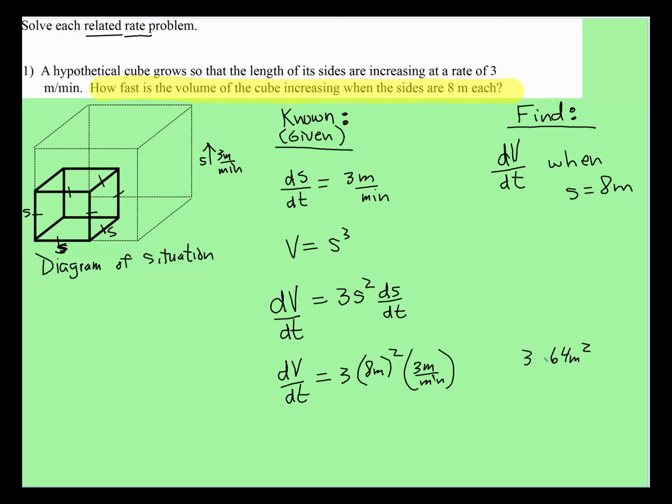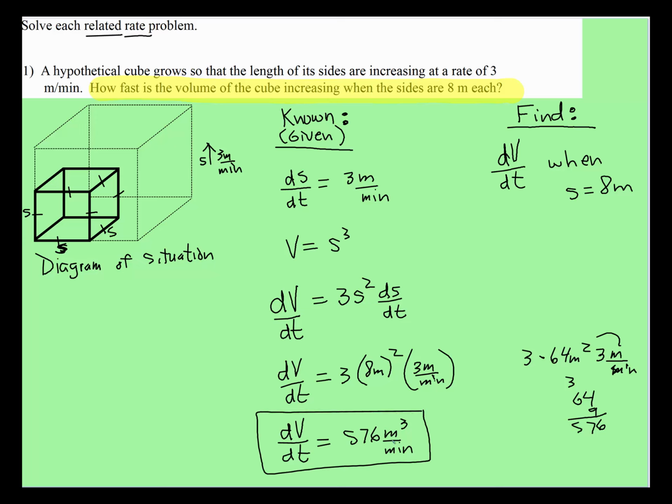We've got a 3 times 3 meters per minute, and I always want to put seconds. 3 times 3 is 9, so 64 times 9: carry the 3, 576. So the volume is increasing at a rate of 576 meters cubed, because meter squared times meter is meters cubed, per minute.